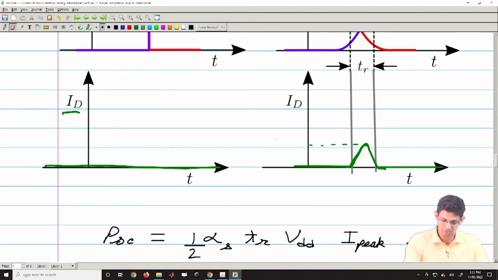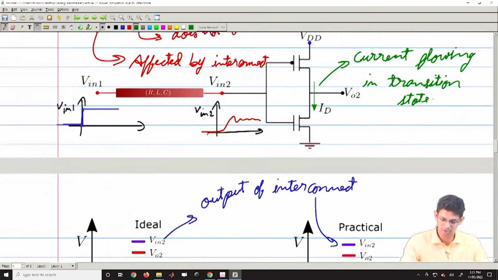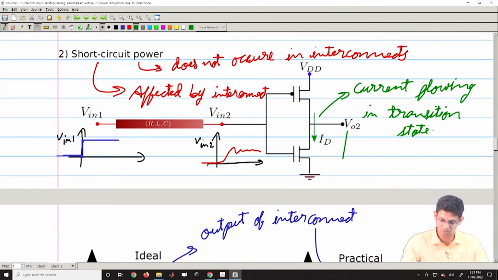I am writing I peak here. So, your ID would be something like this, with time. It will be on for a period of TR, and VDD is the voltage.